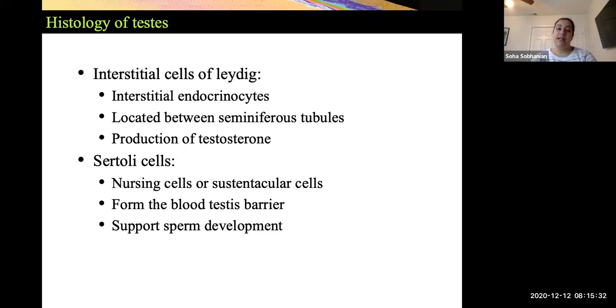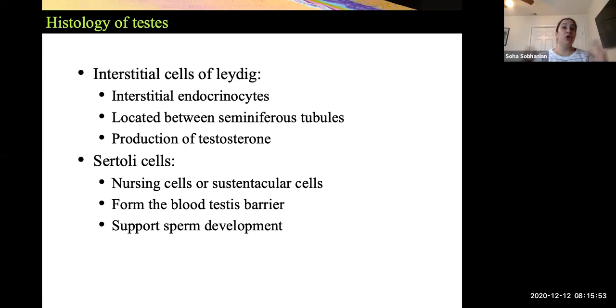There is another set of cells called Sertoli cells. Sertoli cells are like the babysitters of your reproductive system. They are called either nursing cells or sustentacular cells. Their job is to form that blood-testis barrier.